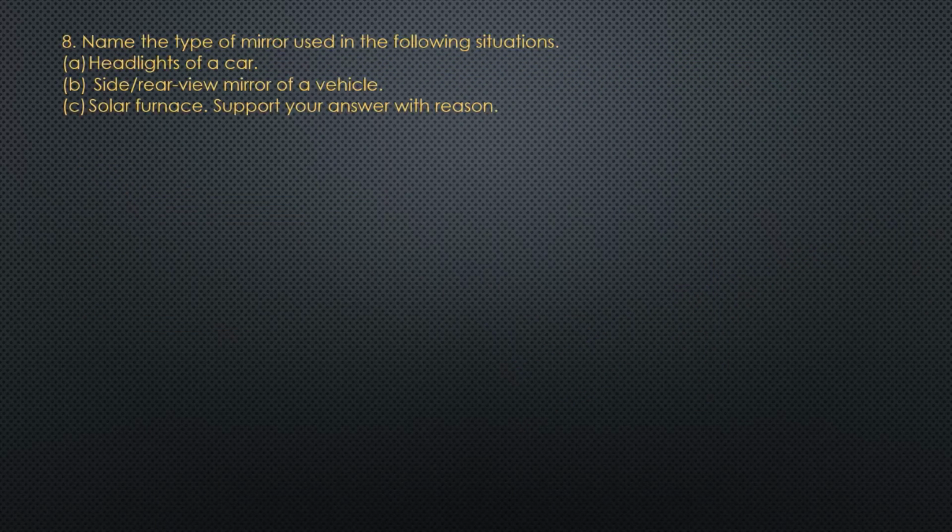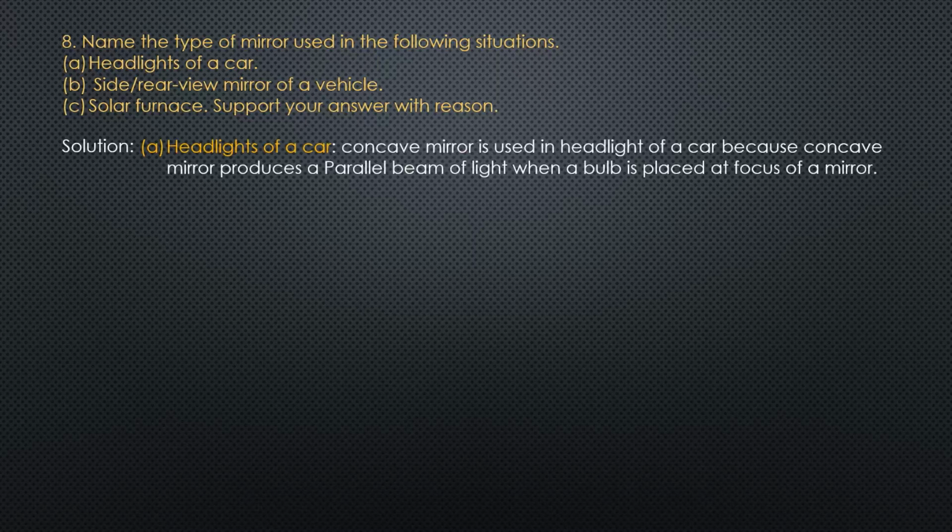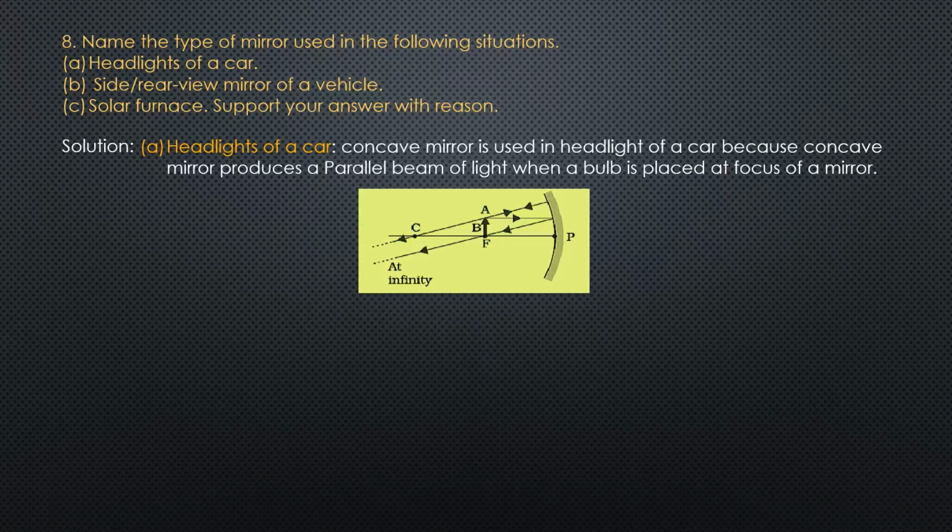Next question is, name the type of mirror used in the following situation: headlight of a car, side or rear view mirror of a vehicle, solar furnace. Support your answer with reason. So for headlight of a car, we use concave mirror, because in case of concave mirror, when object is placed at the principal focus of the mirror, the image will be formed at infinity.